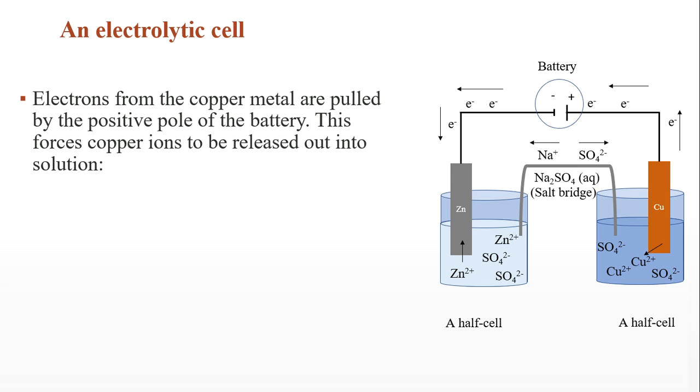Let's look at the other half cell. A positive pole of a battery will attract electrons. So electrons will be pulled through here, from the copper metal through the wire and towards the positive pole of the battery. As copper atoms lose their electrons, being pulled away by the positive pole of the battery, they will split apart from this copper electrode as copper ions and out into solution.